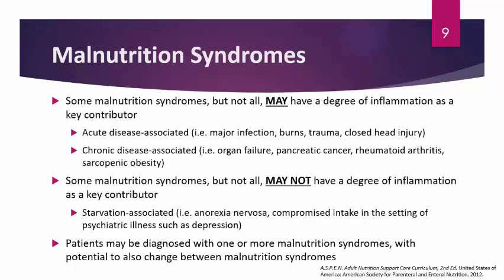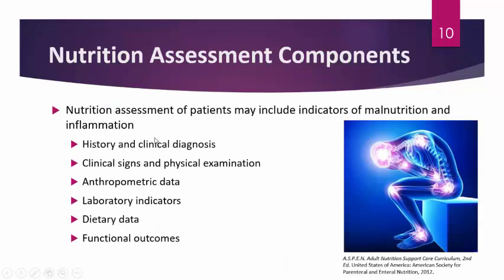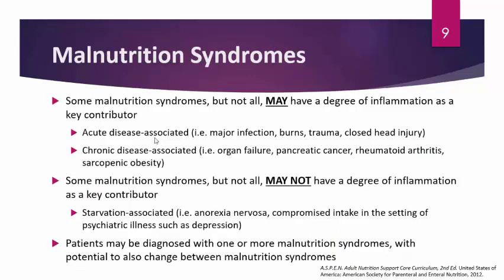This actually brings up an interesting point in that patients may have more than one malnutrition syndrome present at one time, and they may change between different malnutrition syndromes depending on the situation at hand. Say, for example, an acute disease-associated malnutrition syndrome develops eventually into a chronic disease state. In that case, there might be a change from one to the other.